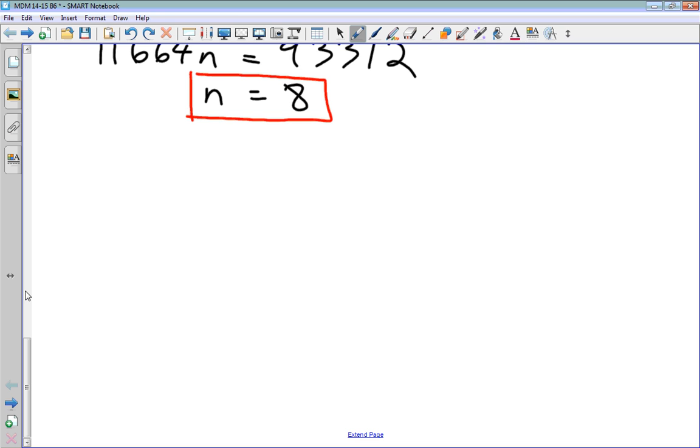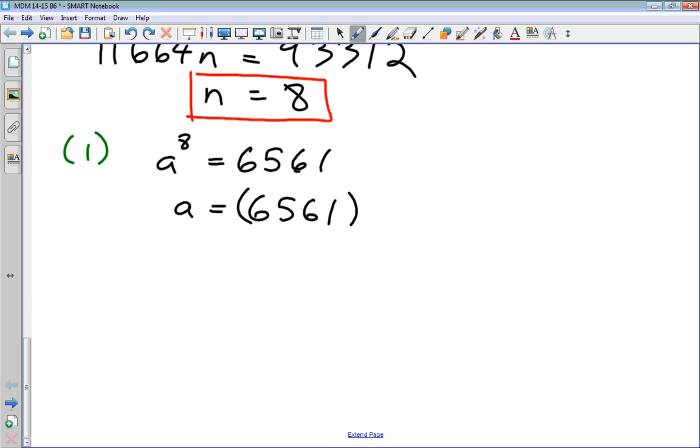How do we get the other two? Well, let's go back to those other two relationships that we had. Relationship number 1 was a to the n equals 6,561. So if we put in 8, a is just going to be this number to the 1/8. So a is going to equal 3, just punching that into our calculator.